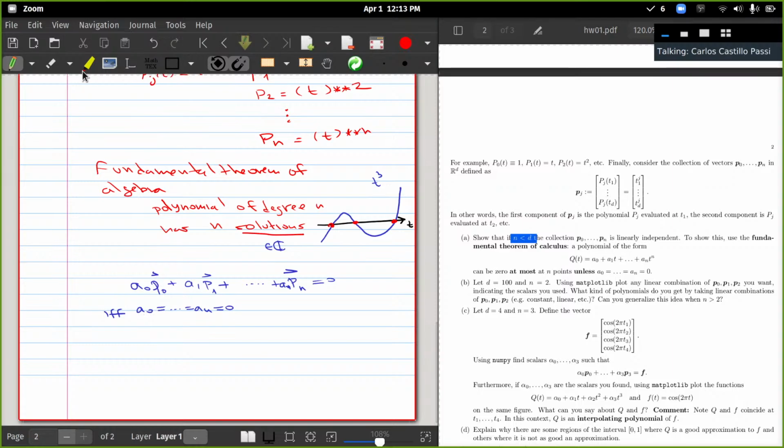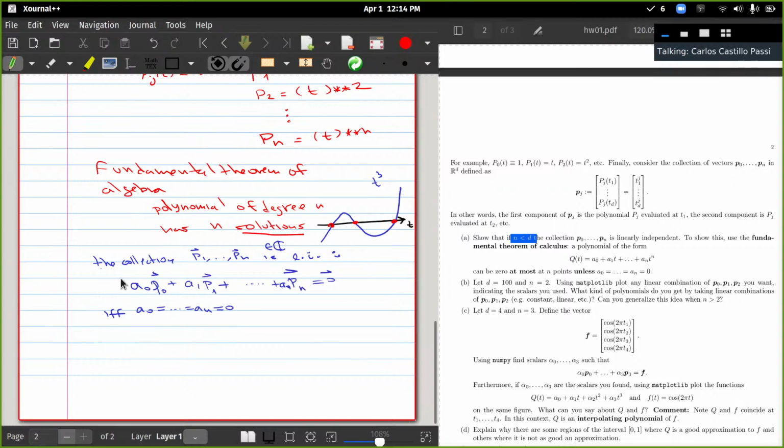So if we are saying that the collection P1 until Pn is linearly independent, it means that this is only 0 when all the coefficients are 0.